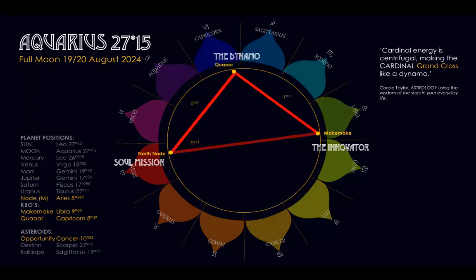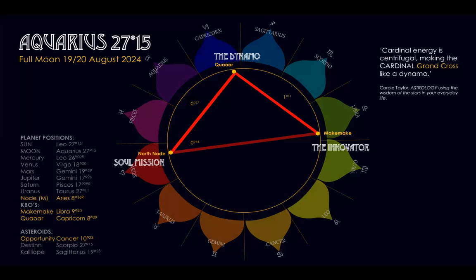They are square Quaoar. Again, another new dwarf planet on the scene. And again, following Alan Clay's narrative, I have called Quaoar the dynamo.